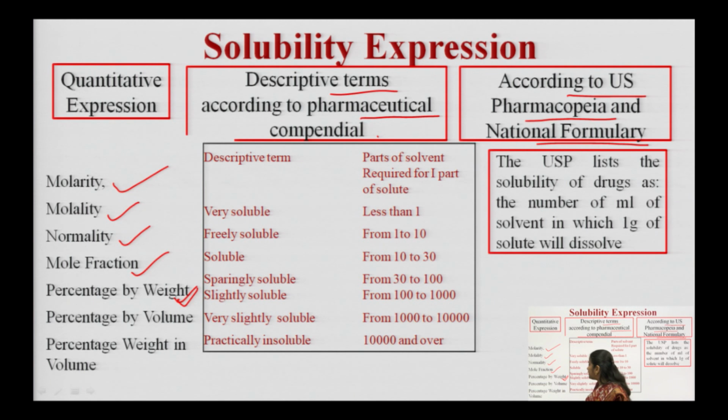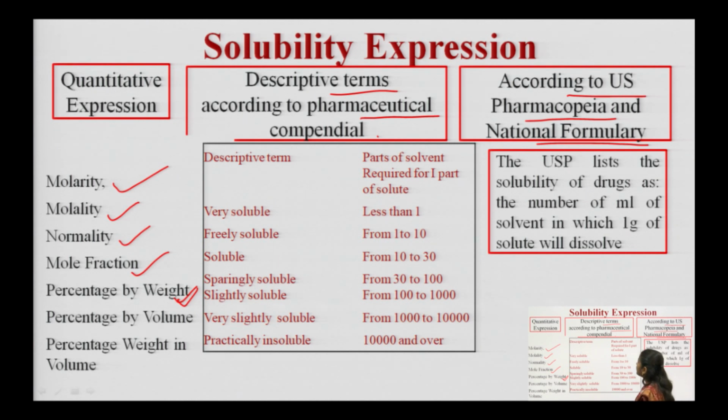Then comes percentage by volume. It is the volume of solute present in 100 ml of solution. Percentage weight in volume is how much amount of solute in grams is present in 100 ml of solution.